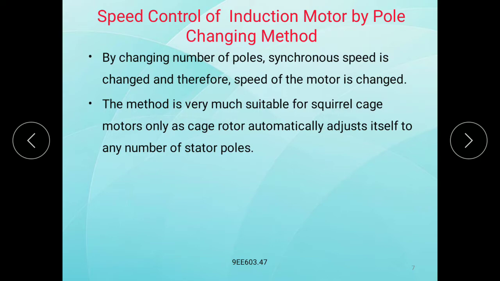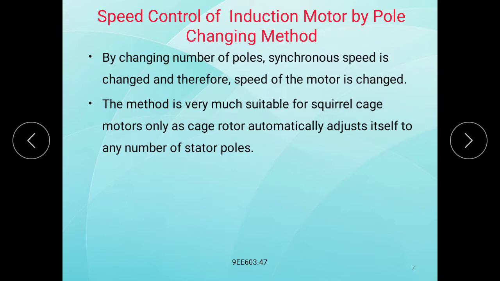The method is very much suitable for squirrel cage motors only, as the cage rotor automatically adjusts itself to any number of stator poles.